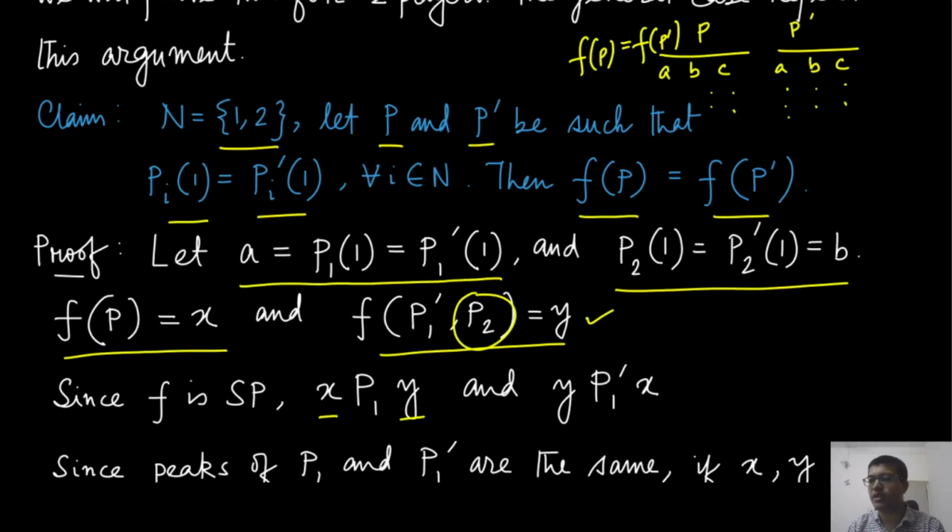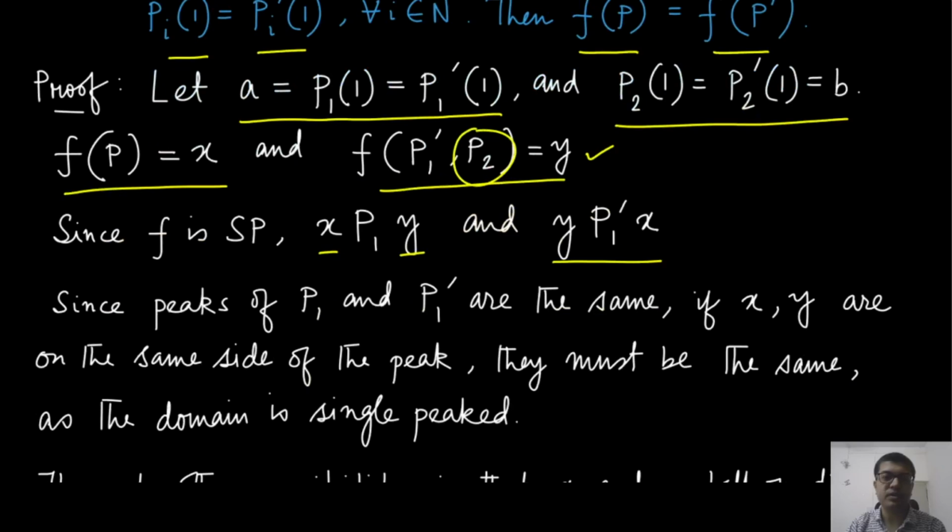Otherwise player 1 will manipulate from P1 to P1 prime. And the same thing is true for Y: in P1 prime, Y is more preferred than X, right?